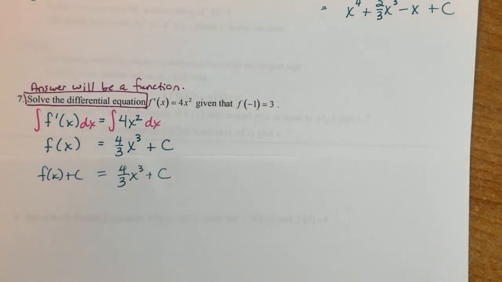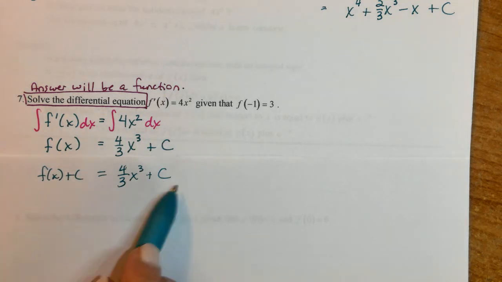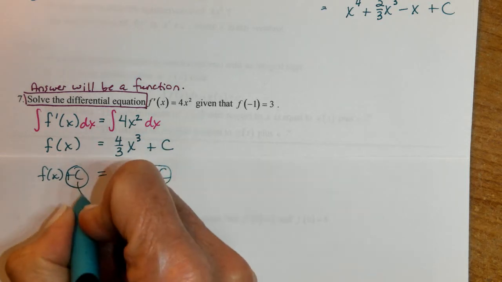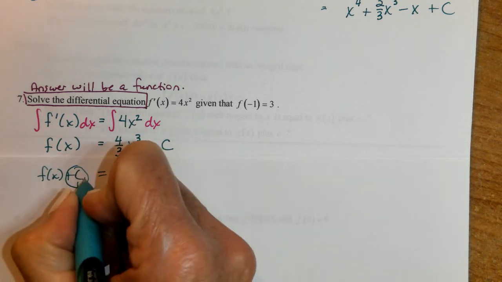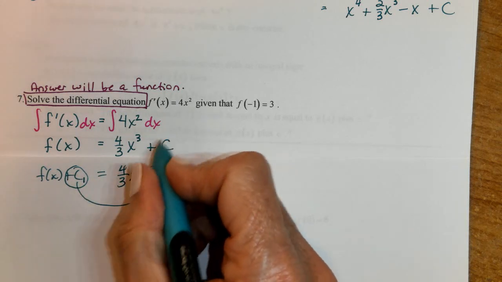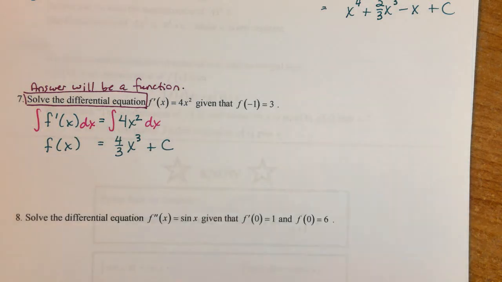Maybe it is 0. Maybe this one is 5 and this one is 7. When I say combine your c's and make it a single c, think of this as c1 and c2. When you combine it, it's just another constant. Okay? We're going to be doing that for the rest of the year.